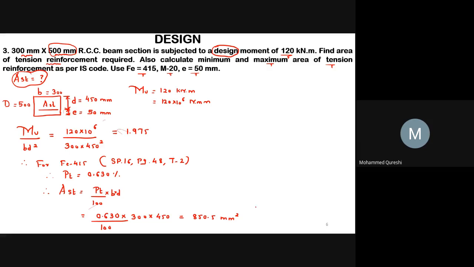And after using SP16 page number 229, you have to provide three numbers of 20 dia bars having total Ast as 942 mm square, which is greater than 850.5 mm square.